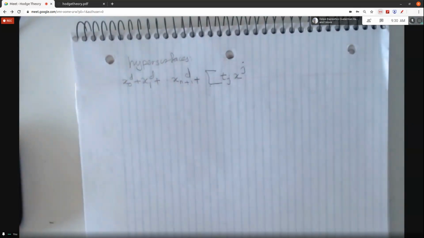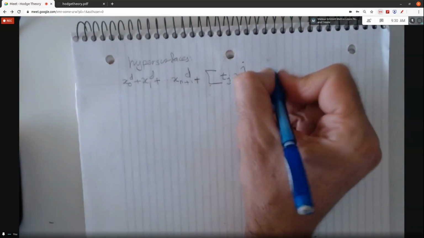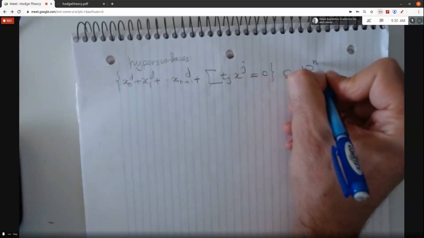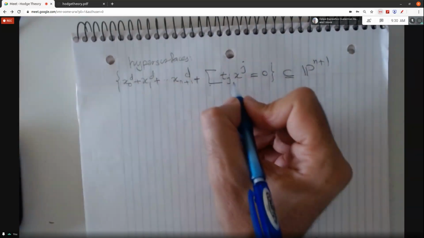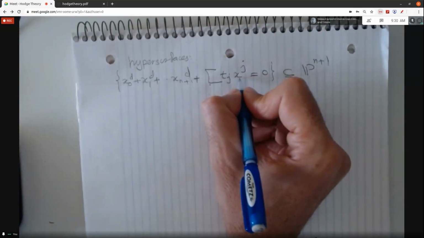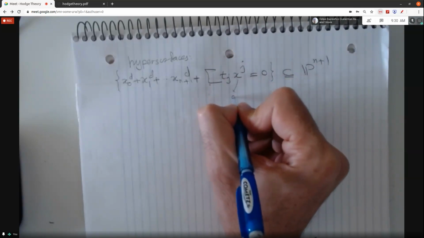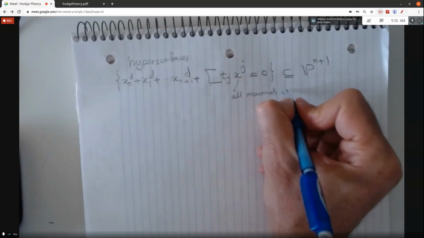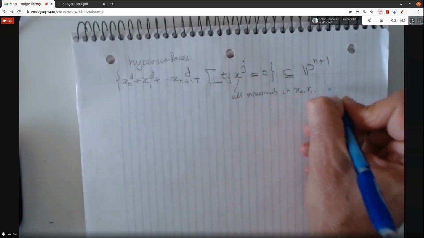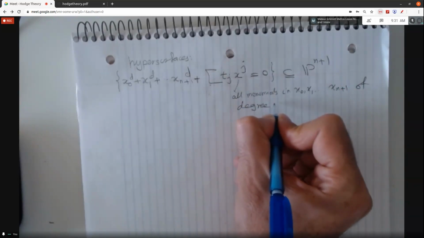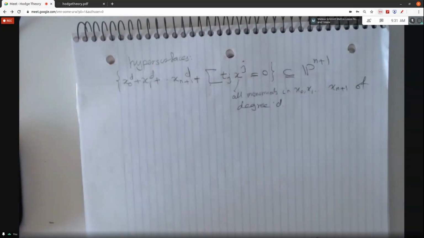Let's define what else. So basically here, what I will take is all monomials in x0, x1, ..., xn+1 of degree d, because I want a smooth hypersurface of degree d.